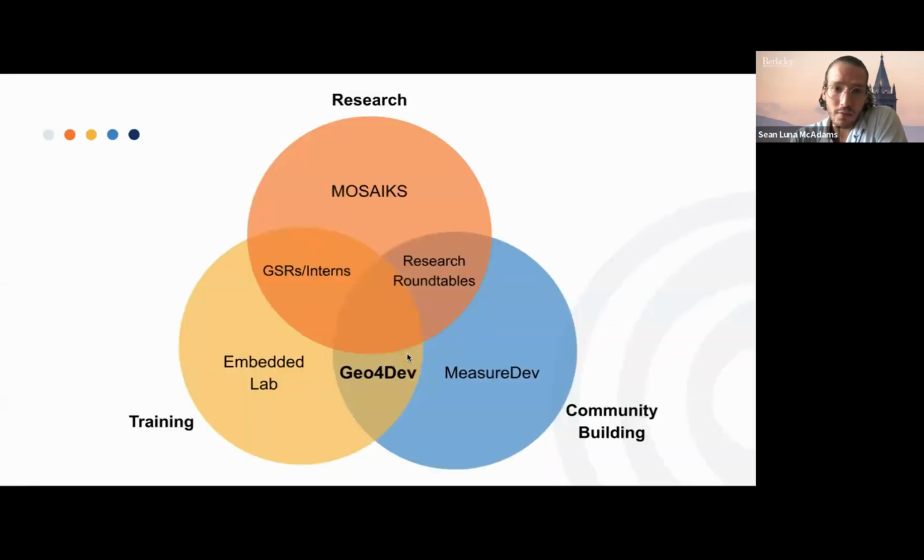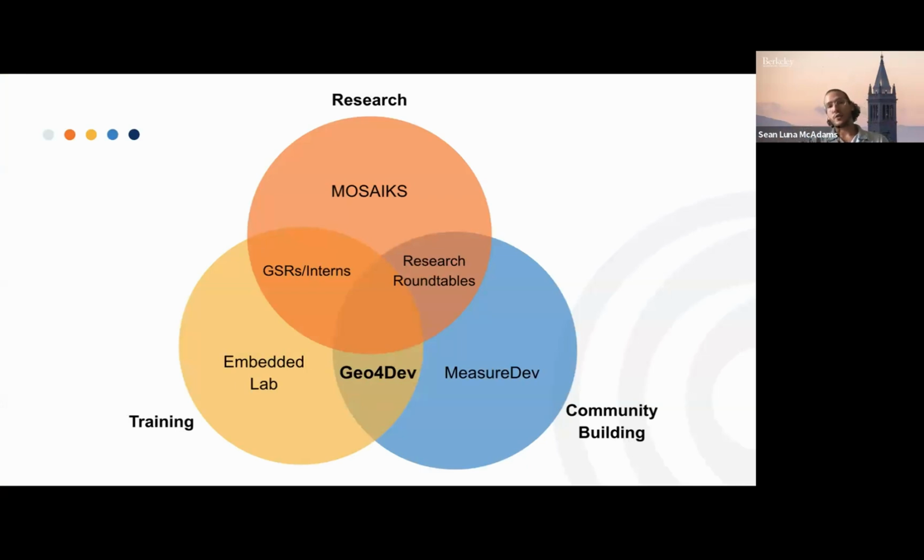Just to talk about my program really briefly before I jump into Geo4Dev, my program does three main principal activities. The first is research. So we support researchers developing either new data science tools or testing new models to improve different programs and policies.